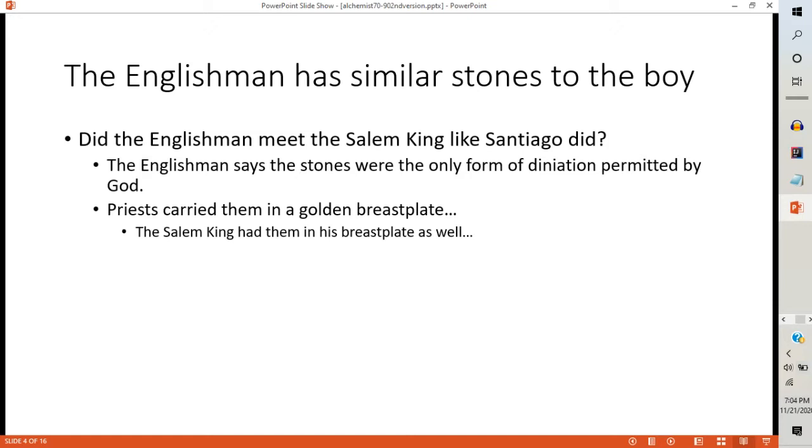He's comparing the Santiago situation to Andrew. So he's kind of done this thing before. Could it be that the Englishman is just one of many young men that the Salem king has given stones to? Possibly. I don't really know yet, but the Englishman knows a lot. The Englishman knows about omens.